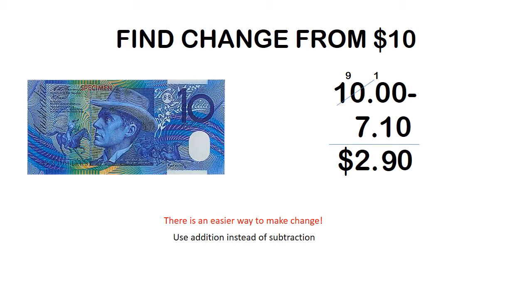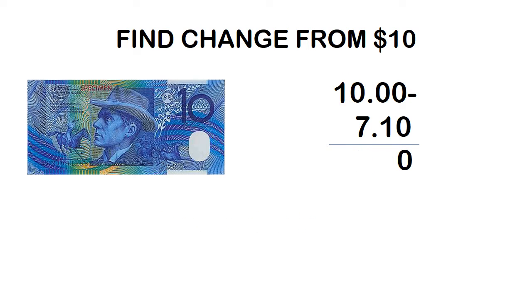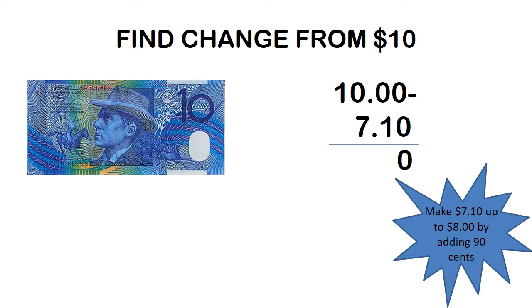There is an easier way to make change, and it involves using addition instead of subtraction. Let's have a look. So the 0 take the 0 is exactly the same, but this time instead of borrowing from this 10 and crossing out here and borrowing a unit, I'm going to use addition instead. So what I'm going to do is this. I'm going to make $7.10 up to $8 by adding 90 cents.